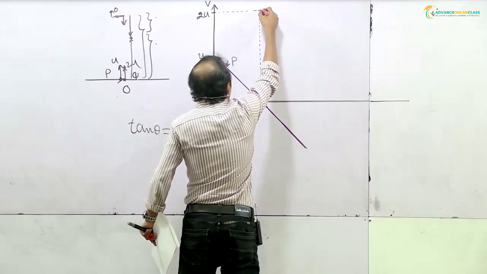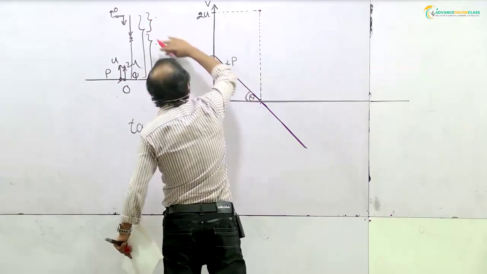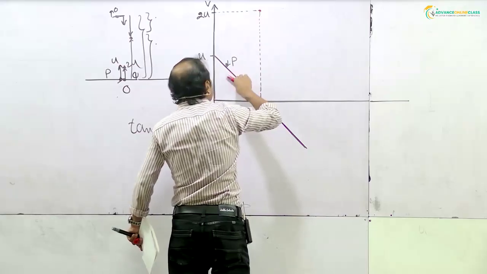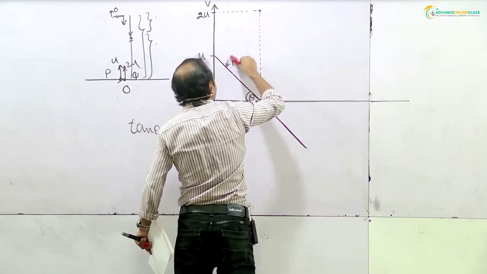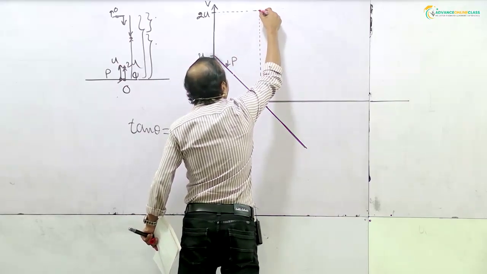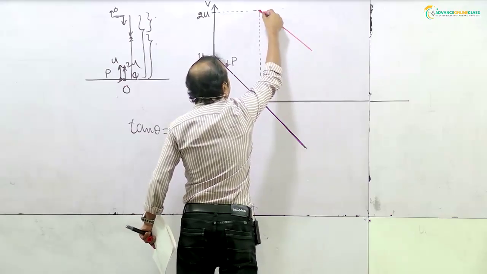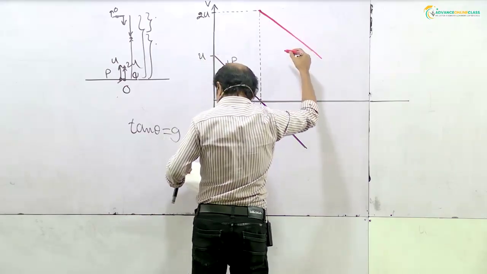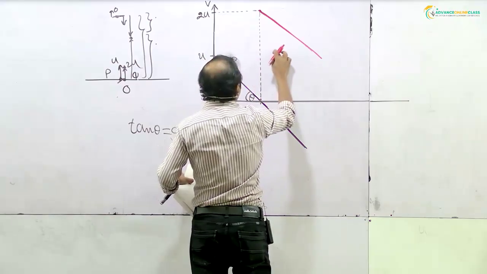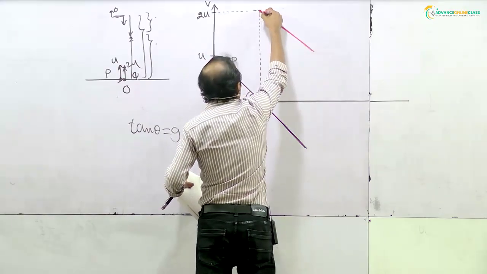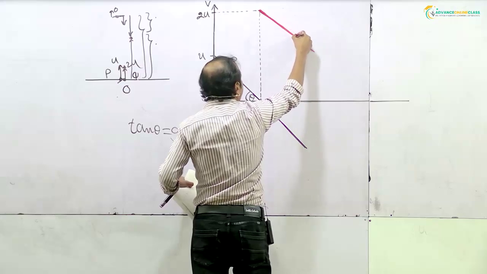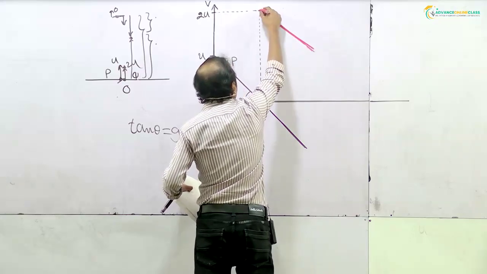This also is moving upward now, under gravity G. This line and that line must be parallel to each other. Two lines are parallel to each other.